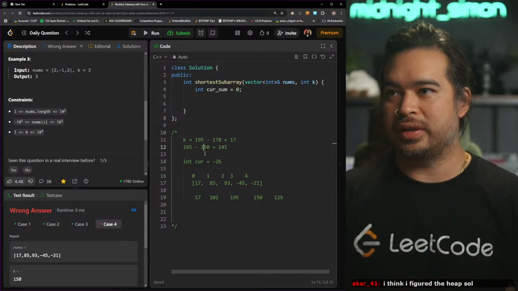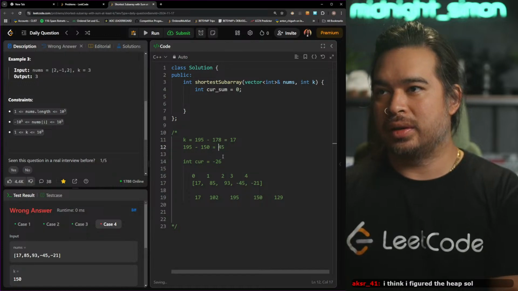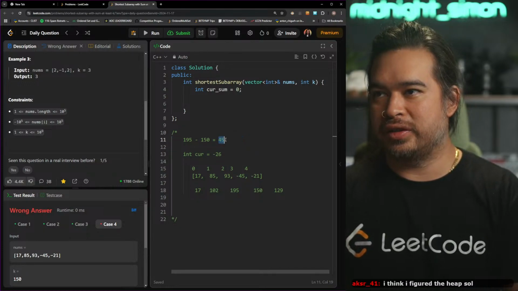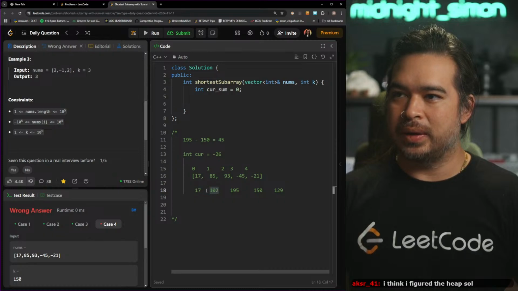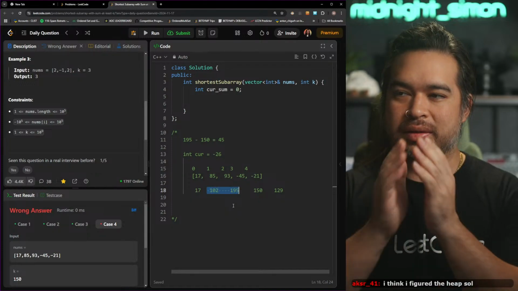Target is 150. So that would be a target of 45. And if we did an upper bound on 45 in here, then we will see. No, it will catch that.